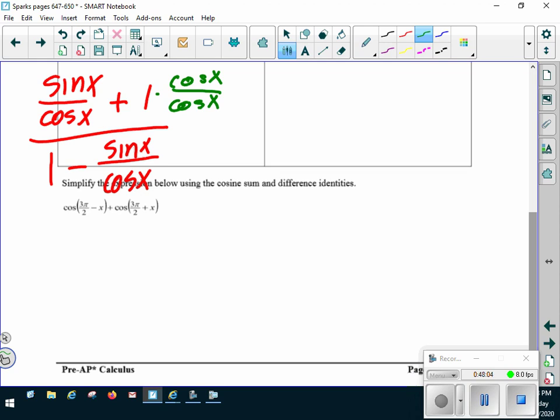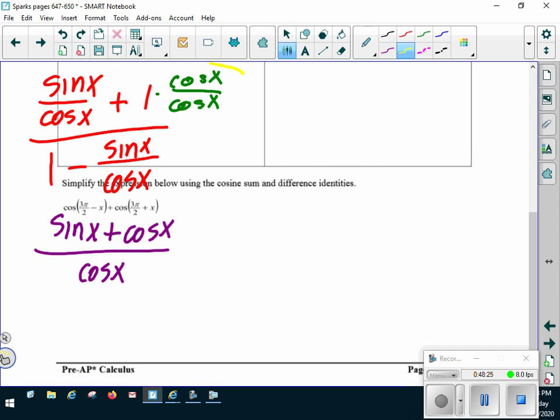Sine x plus cosine x over cosine x. Yeah, so that whole thing cleans up to sine x plus cosine x over cosine x. Are you okay that that is what we just wrote down in purple?